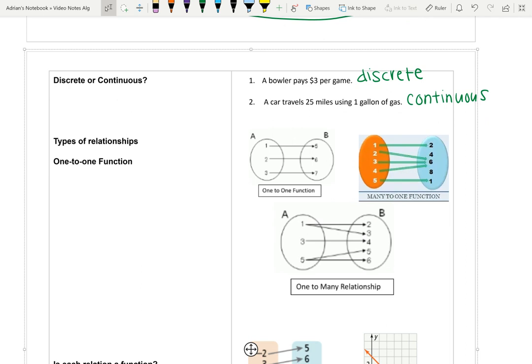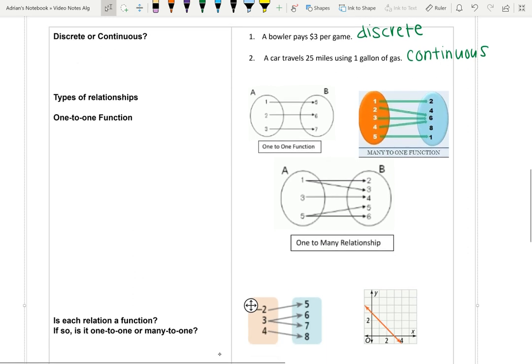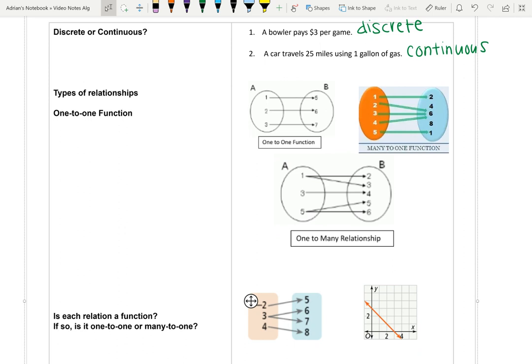Okay, this next thing we have here is about types of functions. So functions can be one-to-one, many-to-one, and then one-to-many would not be a function.